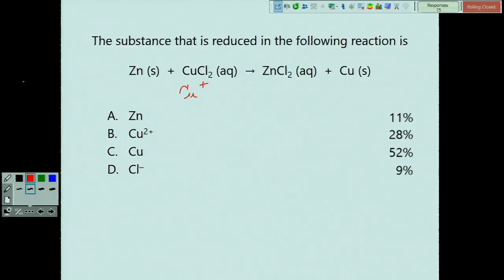So if you dissect that reaction, this is zinc plus copper 2 plus 2 chlorides producing zinc 2 plus 2 chlorides plus copper metal, right?